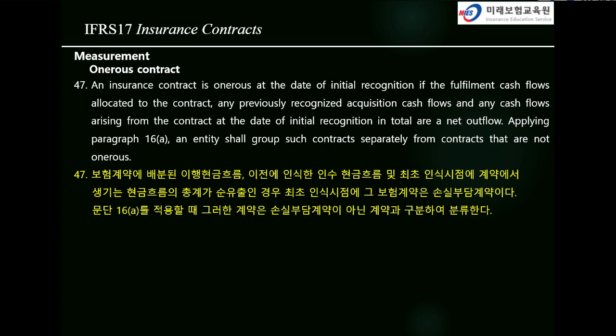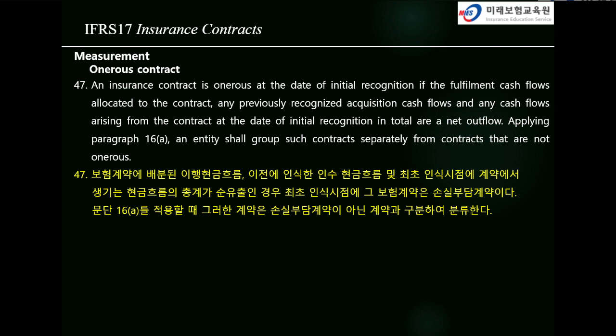The second one is an adjustment to reflect the time value of money and the financial risk, to the extent that the cash flows don't have uncertainty there. And the third one is the risk adjustment for non-financial risk. That is also an adjusted amount.